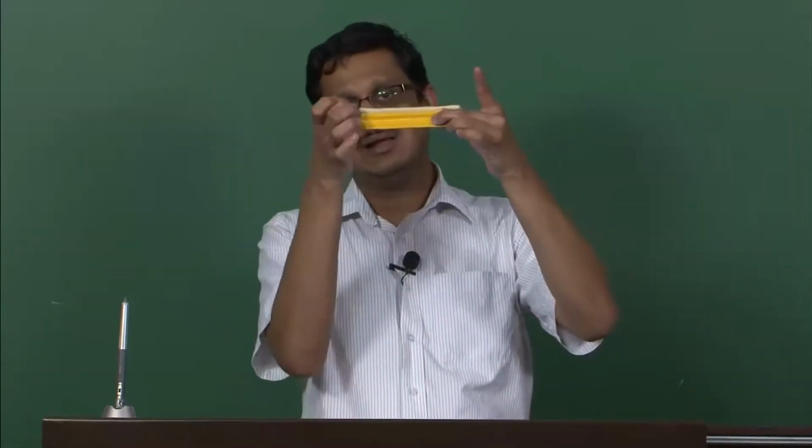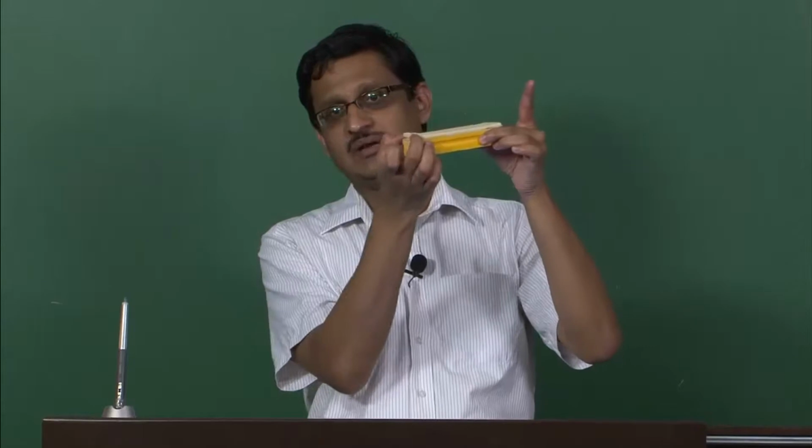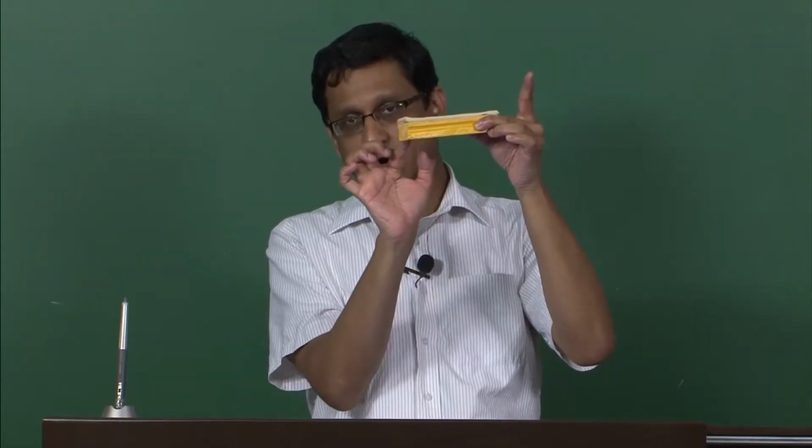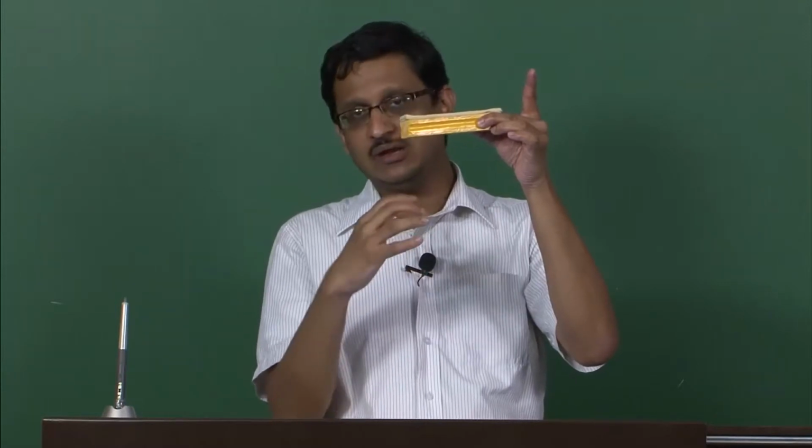So if I induce a potential difference and cause a current to flow, this current effectively flows only through this small thickness. You can imagine that if you take this thickness as delta, the current does not really go all the way through to infinity.